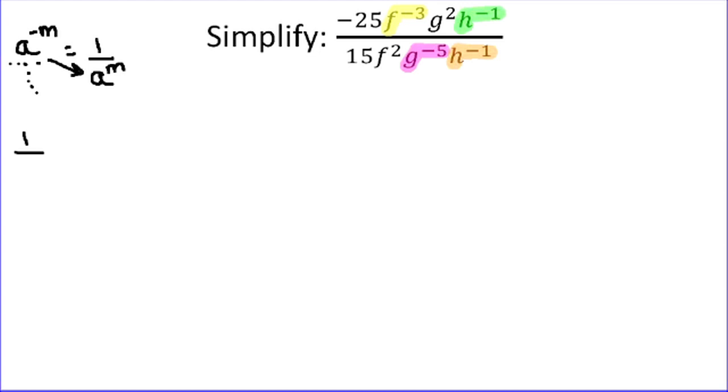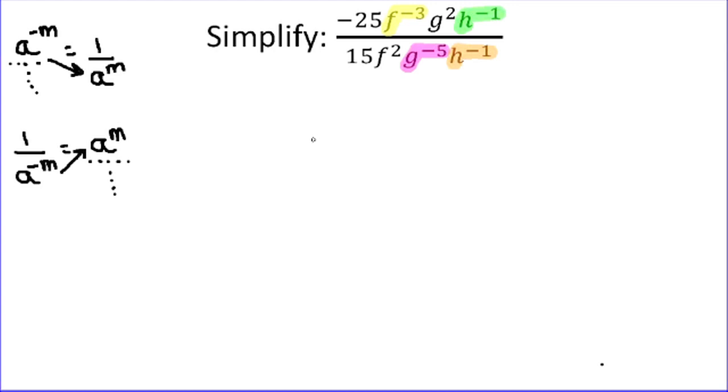It also works if you have a negative exponent in the denominator, it then moves into the numerator and becomes a positive exponent. So you can see here, factors with negative exponents in the numerator move to the denominator, and factors with negative exponents in the denominator move to the numerator.